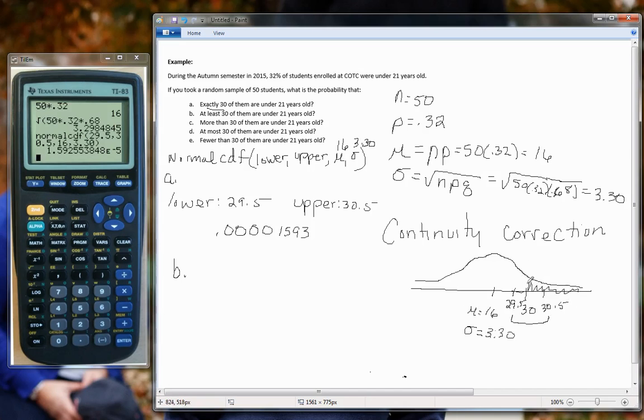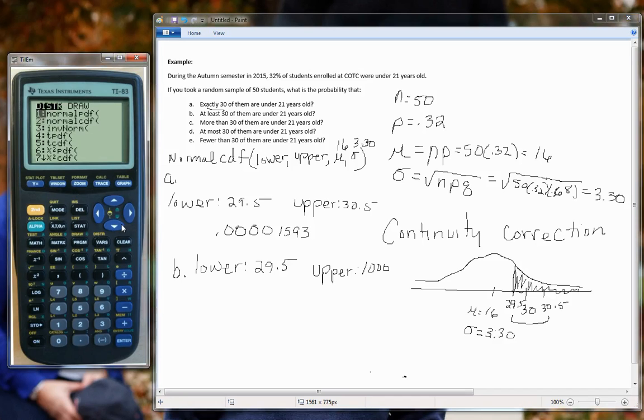Since we want to include 30, we're going to go down to where our continuity correction starts. So our lower value here is going to be 29.5, and our upper is technically going to be infinity, but as far as our calculator goes, using something like 1,000 is good enough. So we're going to use normal CDF.